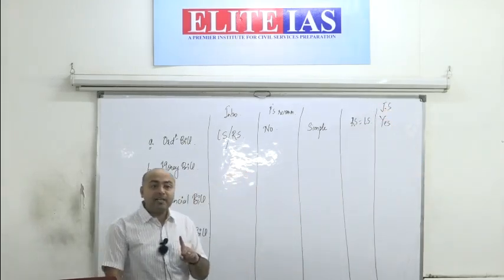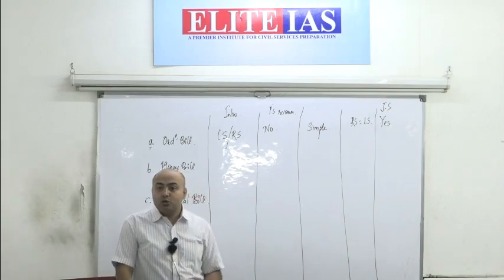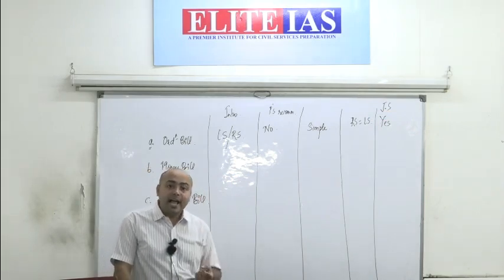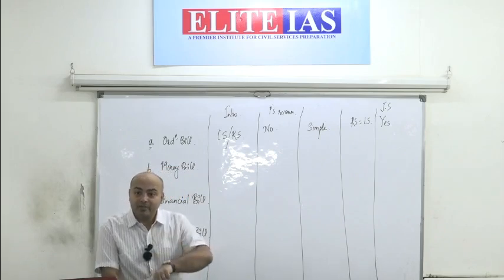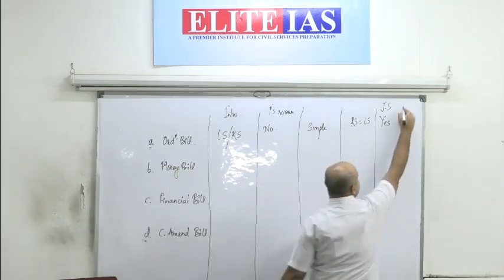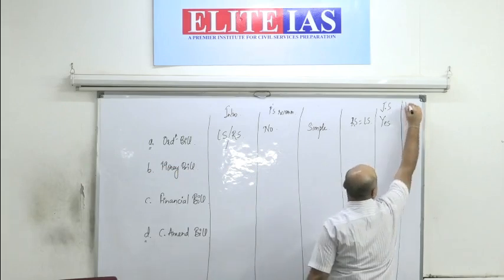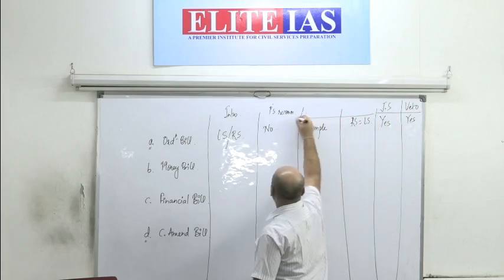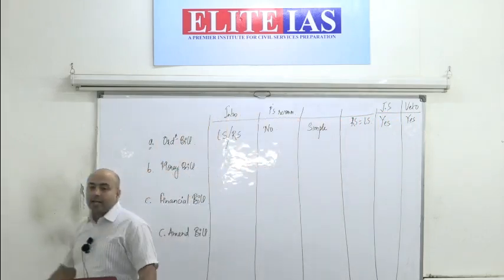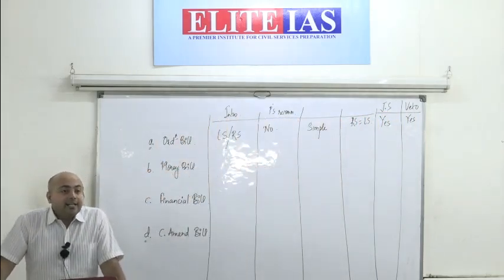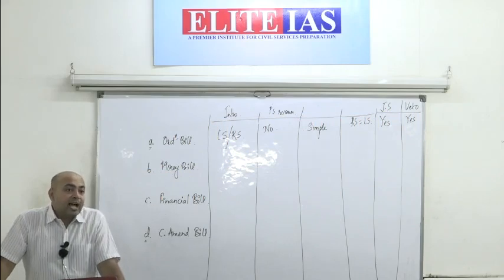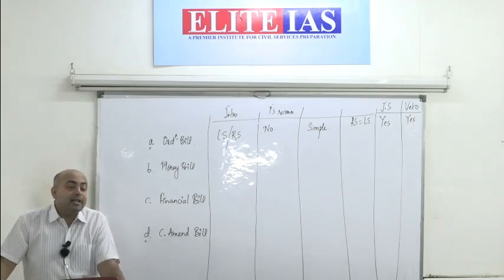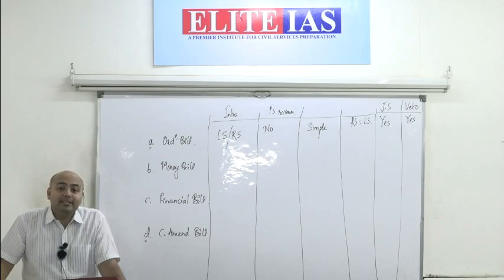Once the bill is passed by the Parliament, it goes to the President for his assent. Does the President enjoy veto powers? Yes. If you remember yesterday's class, we were dealing with checks and balances. In checks and balances, I said the President or the executive has the power to temporarily or permanently stop a legislation.